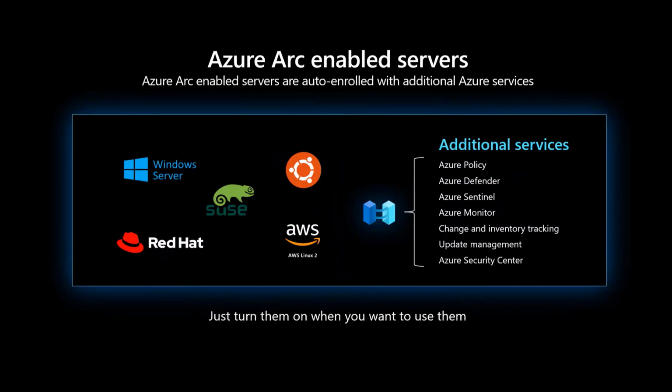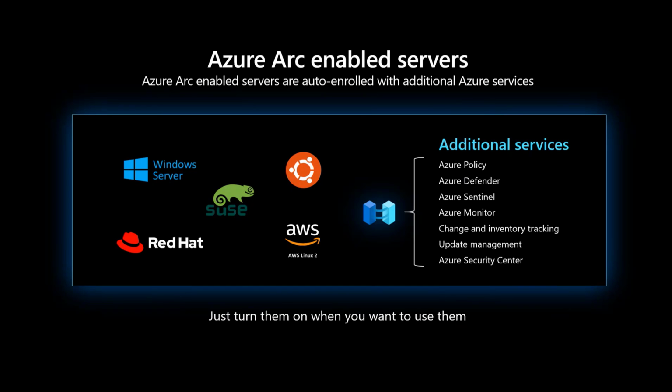Now, it's important to note that when you enable a server via Azure Arc, there are basically two pieces, right? When you enable a server, you just connect it up. That's the agent part. You drop an agent on that server, and then you select the additional services you want to add to that server.